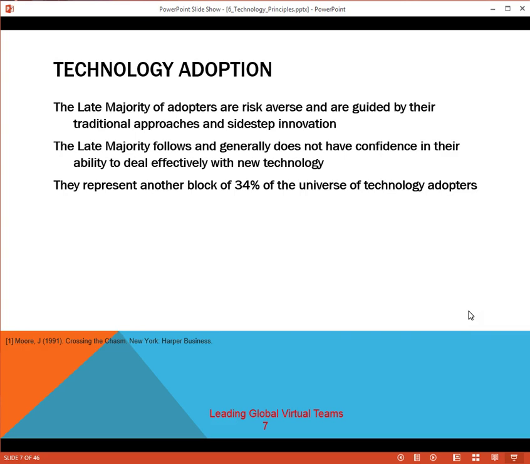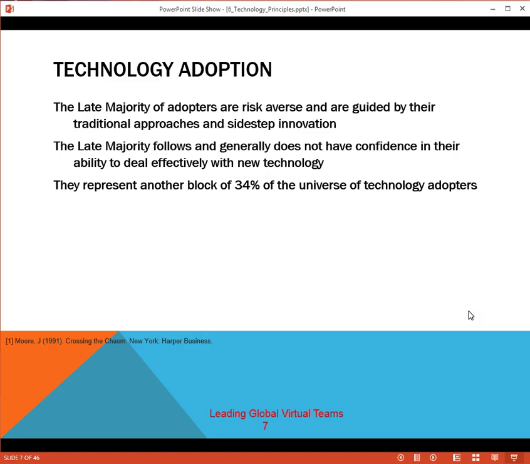The late majority of adopters are risk averse and are guided by their traditional approaches, and they usually sidestep innovation. The late majority follows and generally does not have confidence in their ability to deal effectively with new technology. So they follow the early majority and the innovators and early adopters.